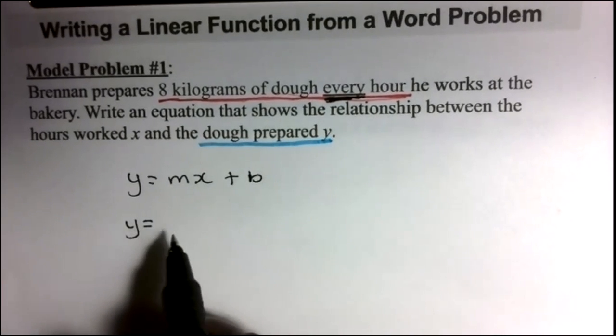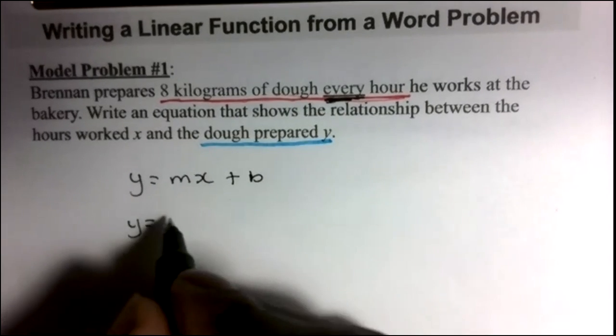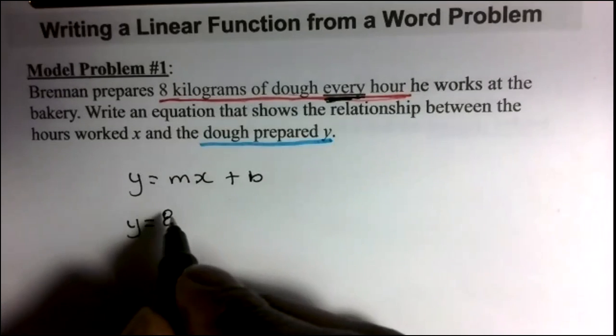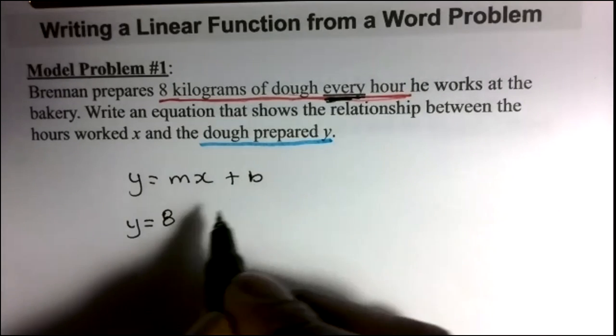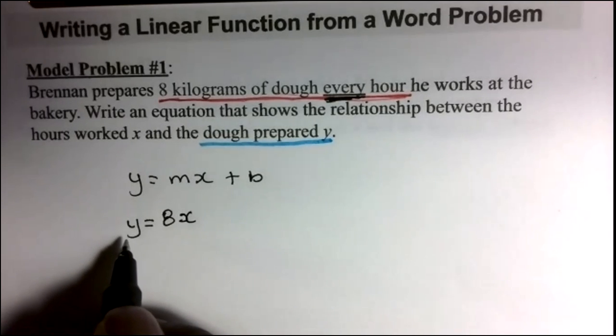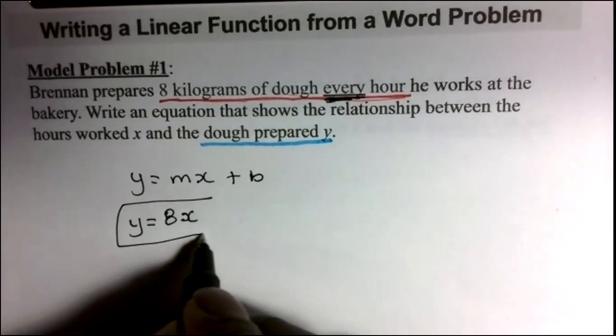And Y represents the amount of dough prepared, right? He can make 8 kilograms of dough for every hour he works. We don't know how many hours he's gonna work, so we're gonna call that X. All right. So here Y equals 8X is gonna be my function.